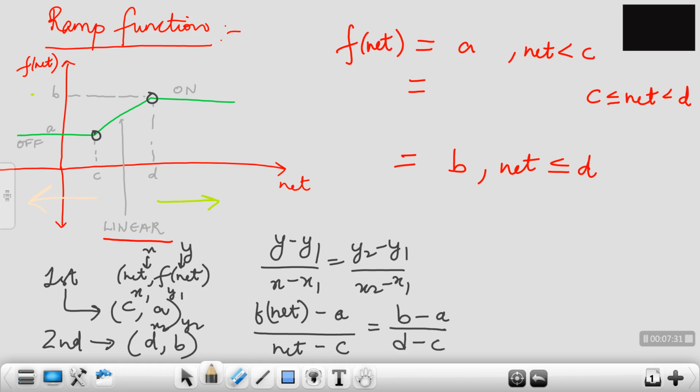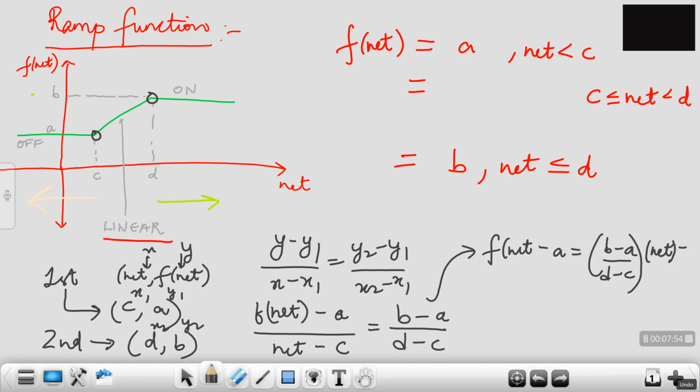From this I can write the equation, I can take a certain thing on the other side. f of net minus a will be equal to b minus a upon d minus c into net minus c. Sorry, there is no bracket here.